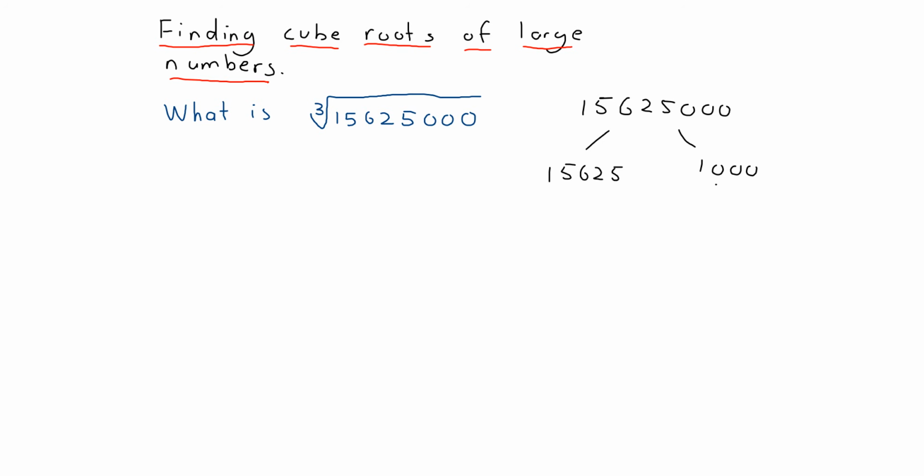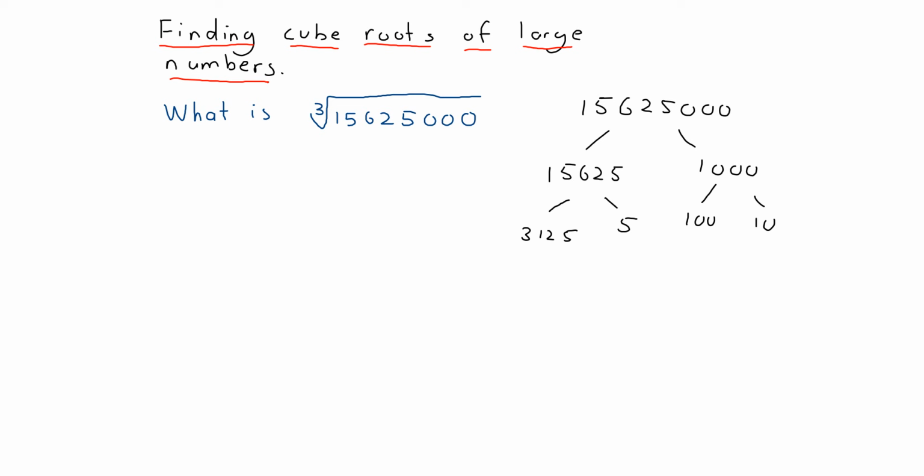Now 1000 is 100 times 10, and this, well, I can see 5's a factor, so let's just get 5 out and do the division. And 15625 divided by 5 is 3125. I feel like I could have definitely taken a bigger factor out of it than that.